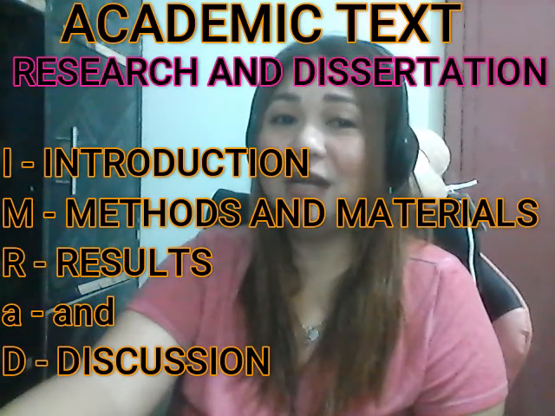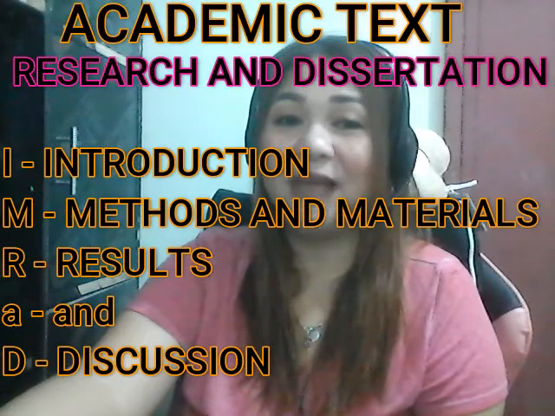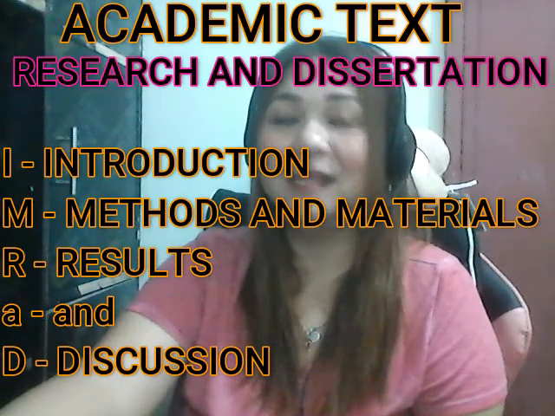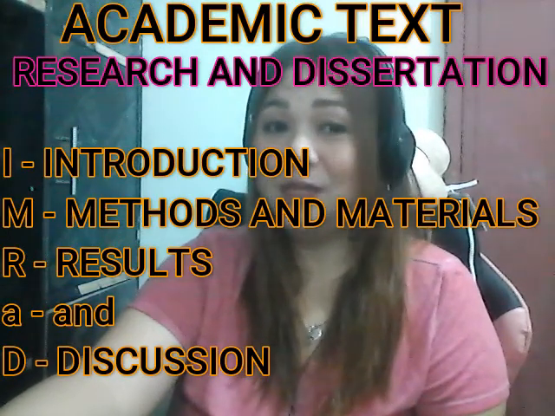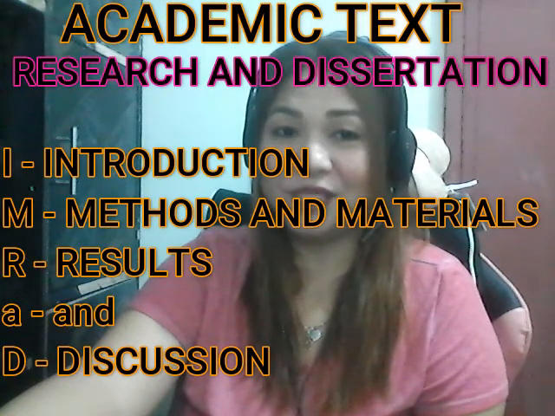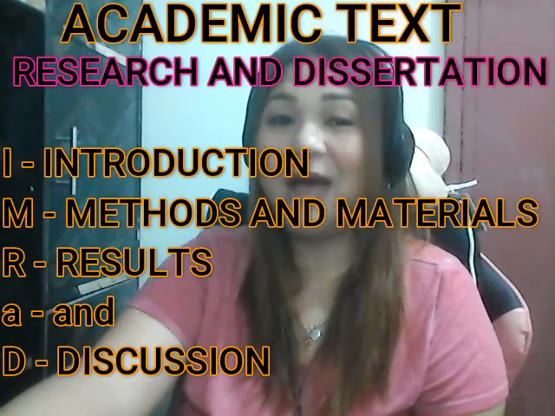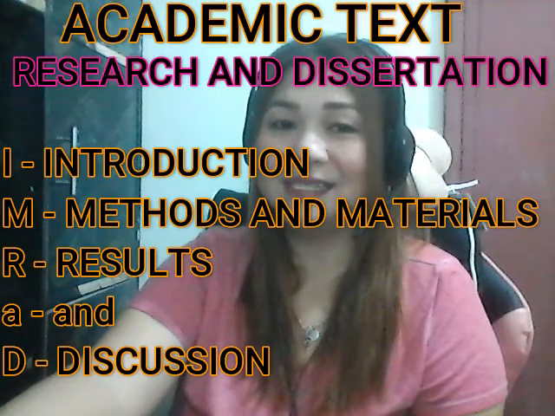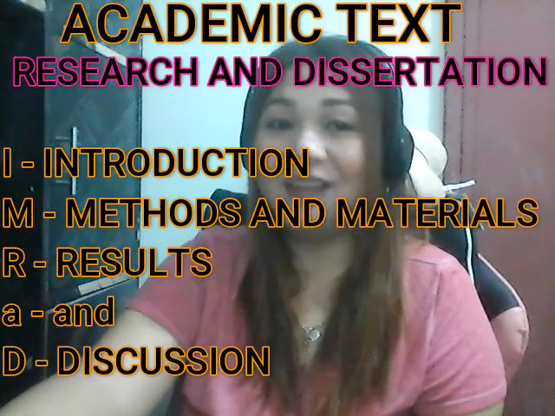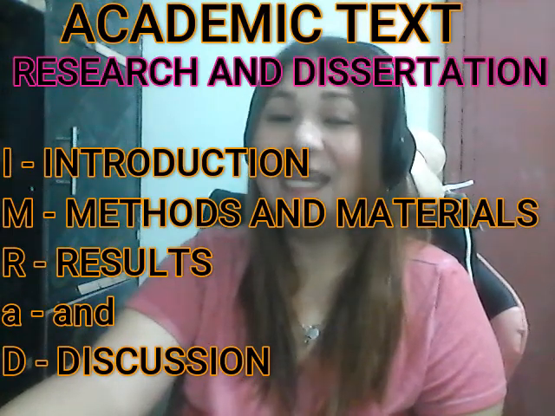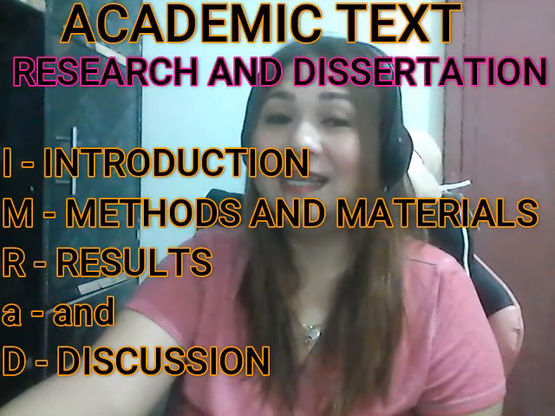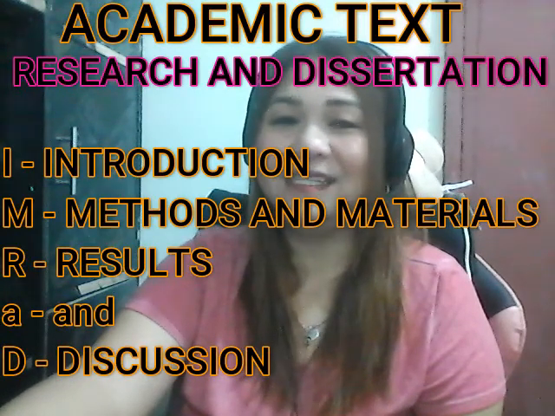M is for Methods and Materials. Show that you arrived at the results by using valid and reliable approaches. This explains what you did and how you did your research. This also shows how you arrived at your results. Results are the large part of your paper, explaining the findings, data, and observed evidence.